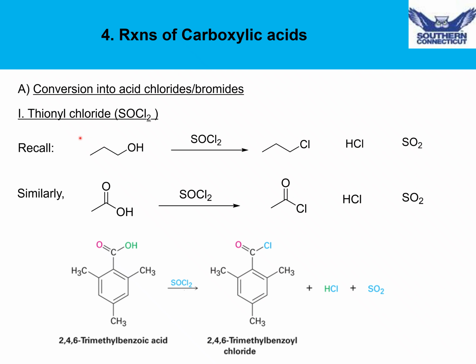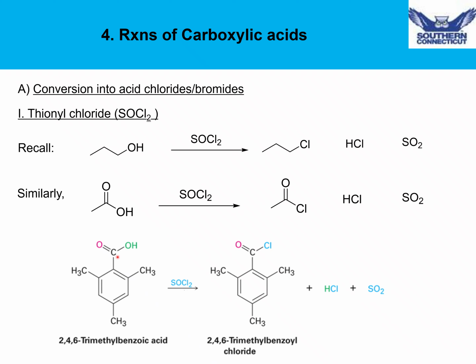You might recall that alcohols will react with thionyl chloride to make an alkyl chloride. So this is a reaction we saw earlier this semester. We can also convert the hydroxyl group of a carboxylic acid with thionyl chloride into an acid chloride.